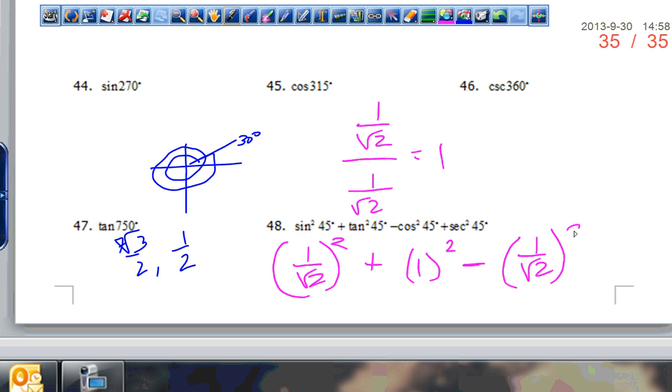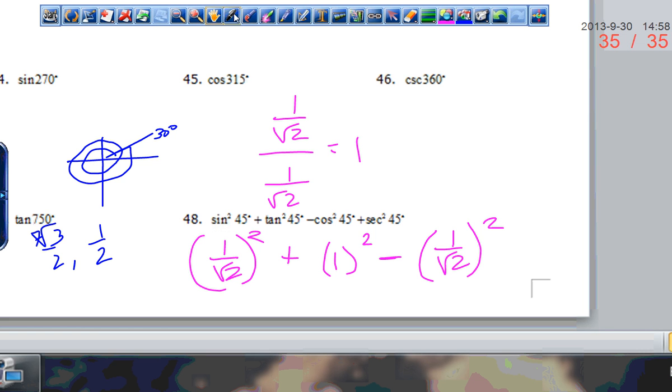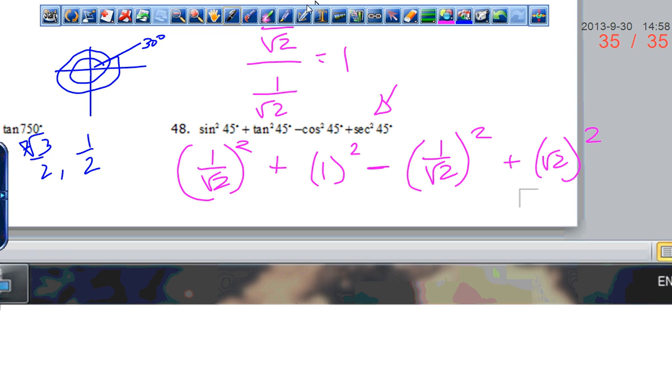1 over root 2 squared. Plus, oh, it's tricky. 1 over the cosine. Well, we just found cosine, so just flip this. Square root of 2 squared. Squaring it all. 1 over root 2 squared is just 1/2.